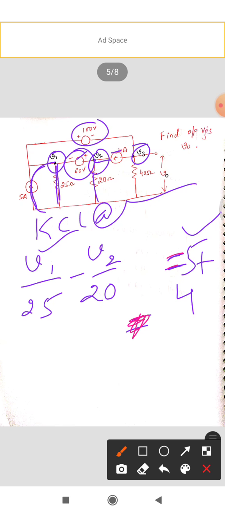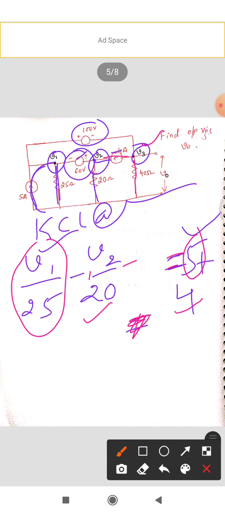This factor is with respect to V1, and this factor is with respect to V2. Last, at V3, how many branches are there? This one, that is 40 ohm resistance and a 4 ampere current. So we have to consider those two.